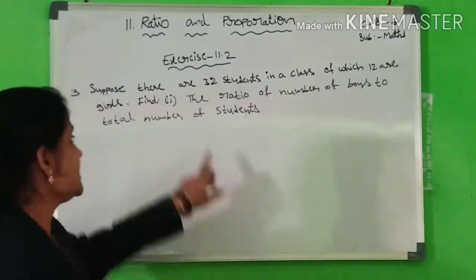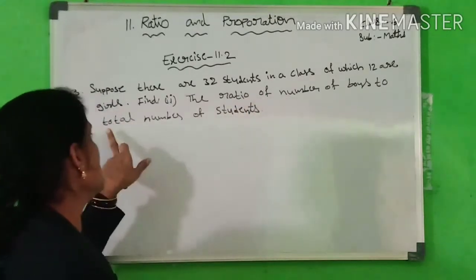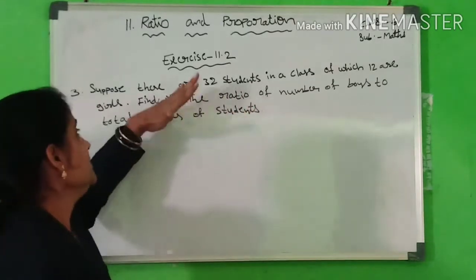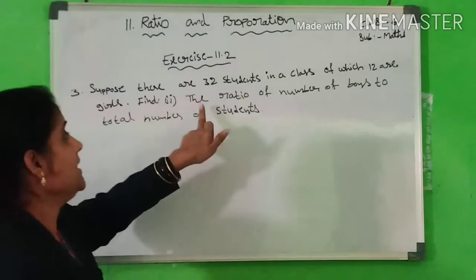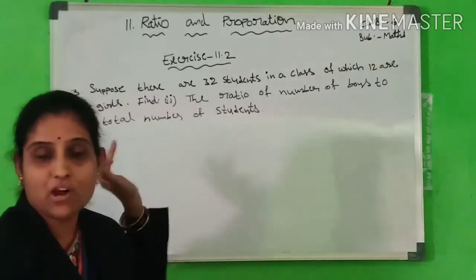Note this one. Second question: the ratio of the number of boys to the total number of students. Find the ratio of the number of boys to the total number of students.